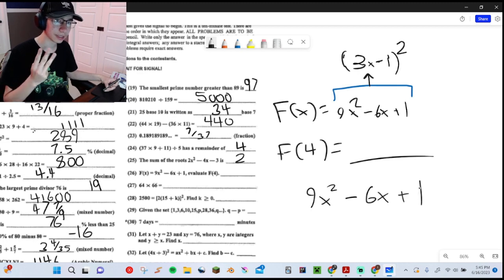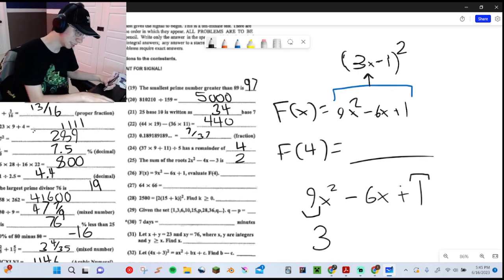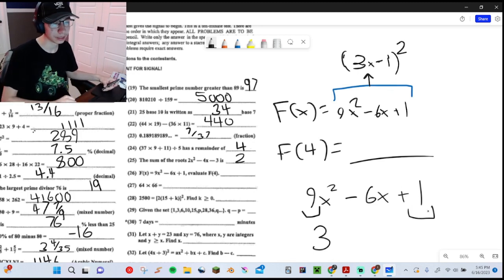I looked at 3 things. The first thing, I looked at this first coefficient in front of the x squared. I get the square root of that. I get 3. Second, I get the square root of this last term, this constant term. So square root of 1 is 1. So I get 1.